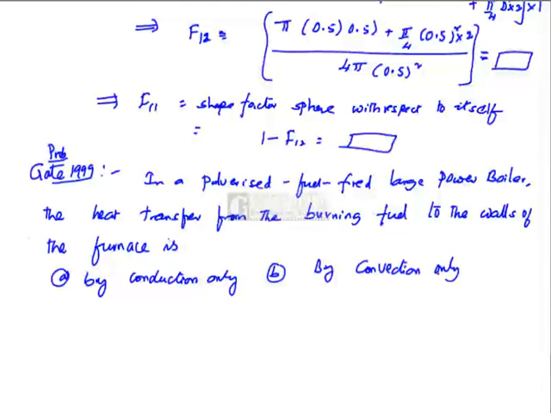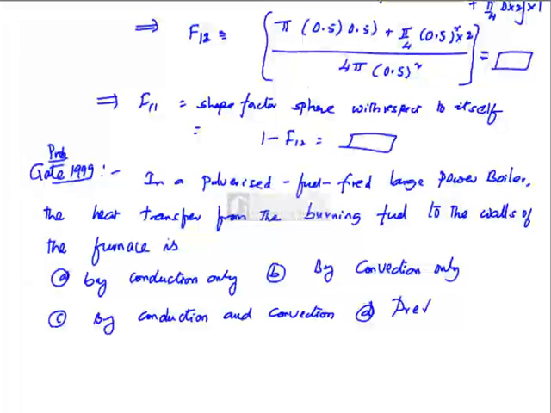B. By convection only. C. By conduction and convection. D. Predominantly by radiation. Here the answer should be predominantly by radiation.